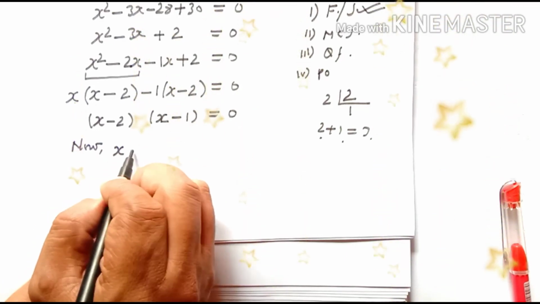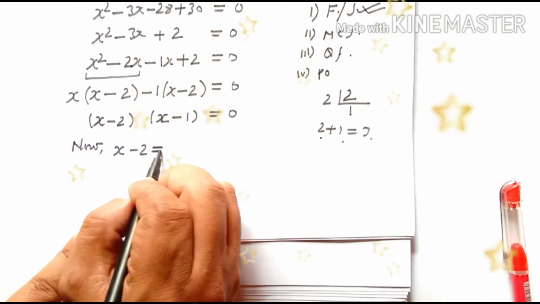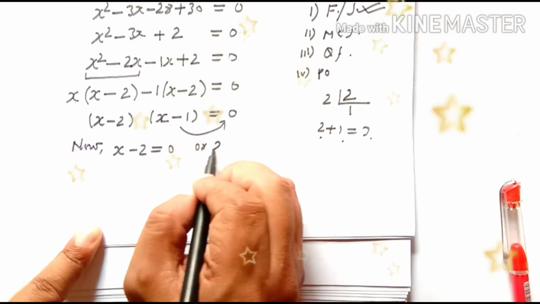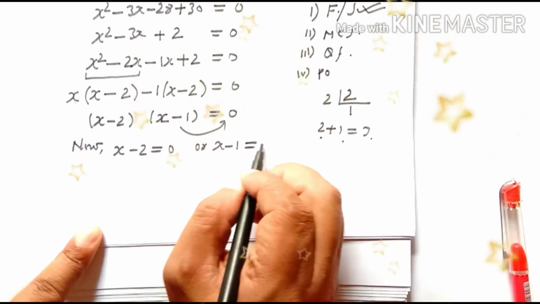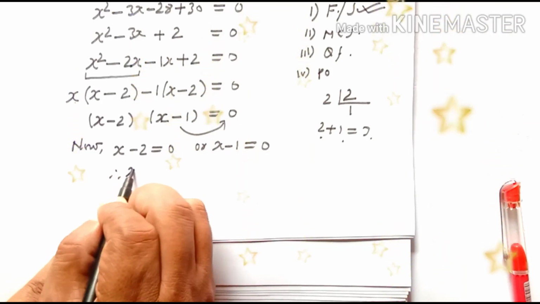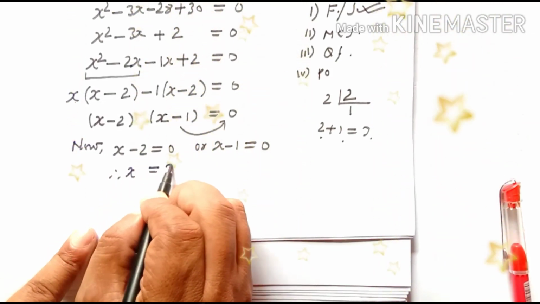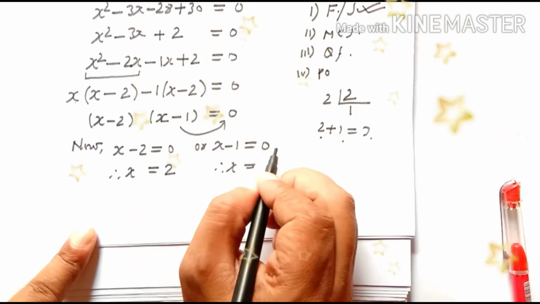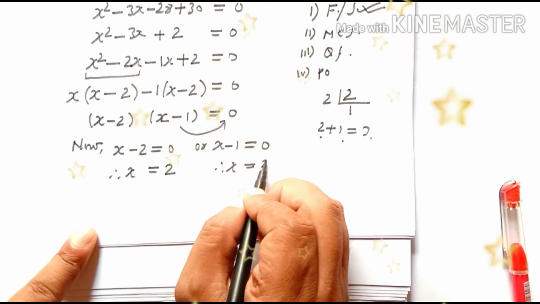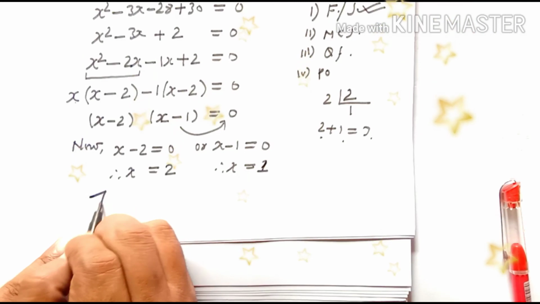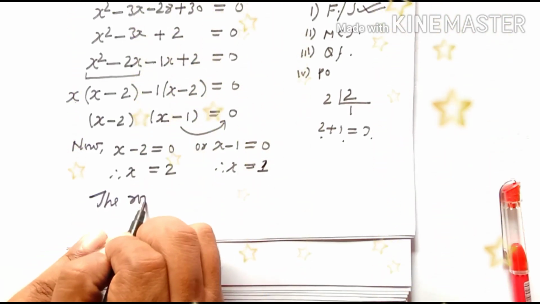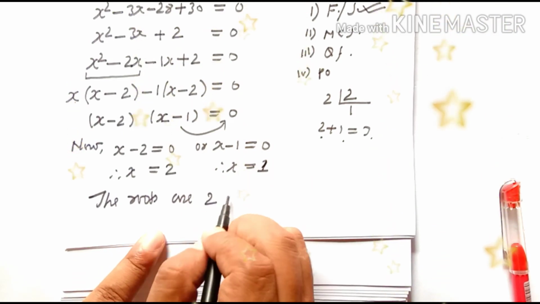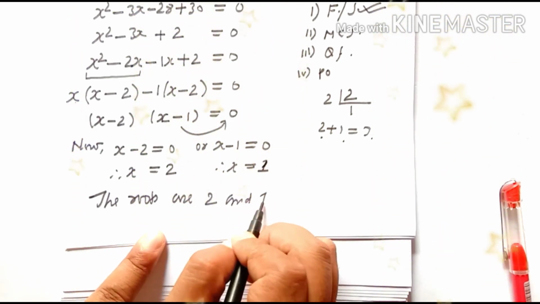The first factor, x minus 2, equate with 0, and the second factor also equate with 0. Therefore x equals plus 2. Again here, therefore x equals, taking this to the right hand side, plus 1. Then the required roots of the given quadratic equation are 2 and 1.